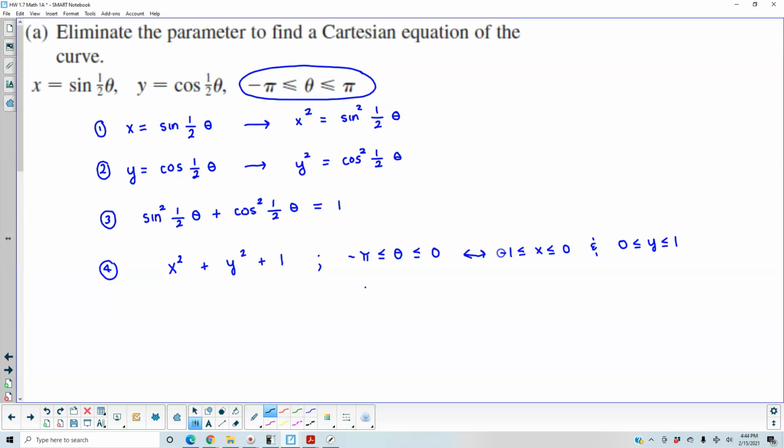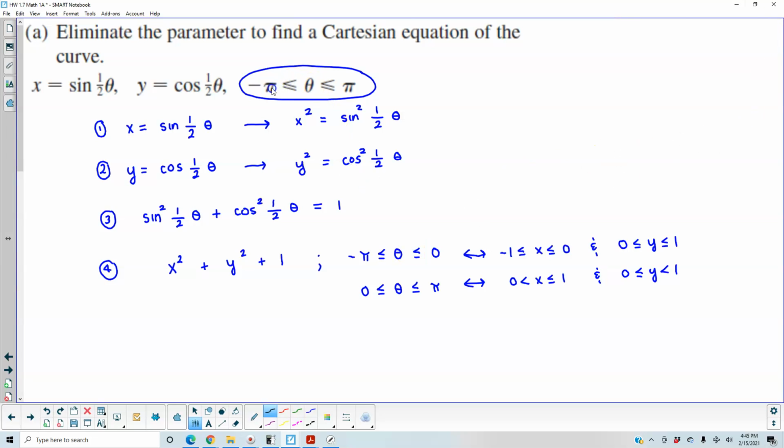So now when we're going from 0, where theta is in between 0 and positive pi, x is in between 0 and 1, where we include 1, and y is in between 0 and 1, where we include 0.